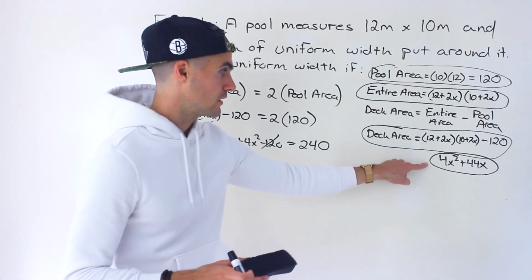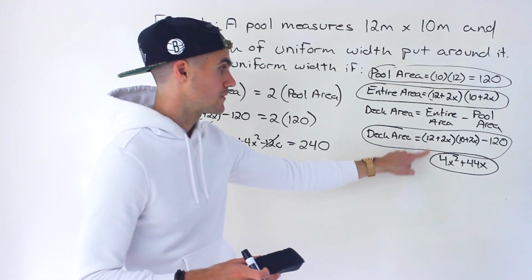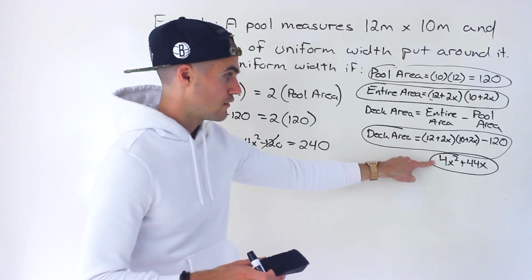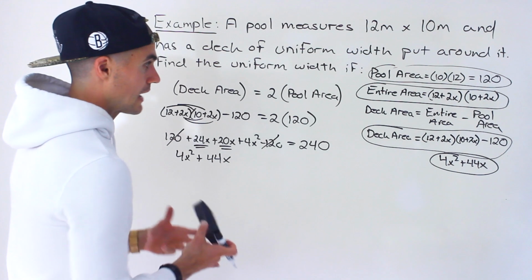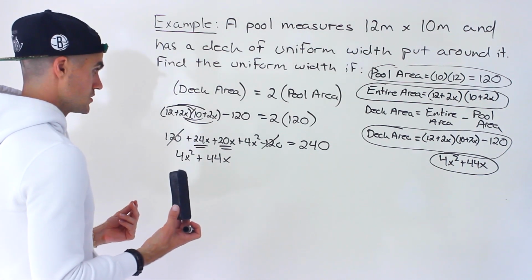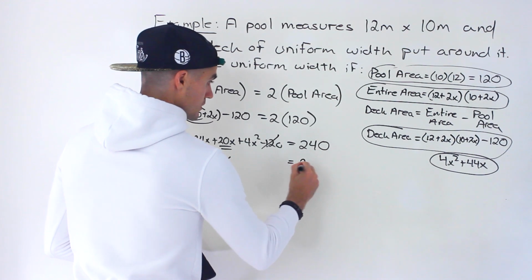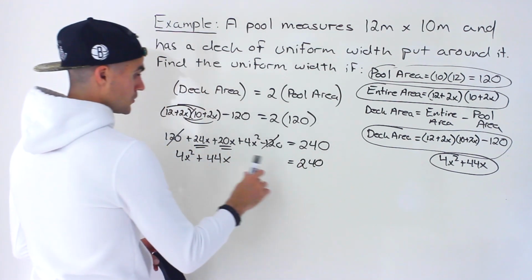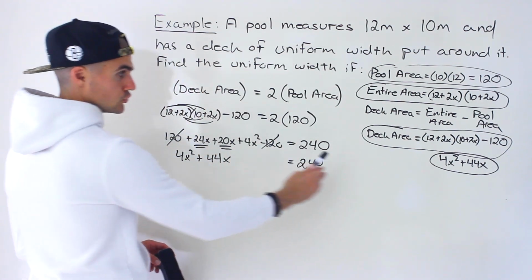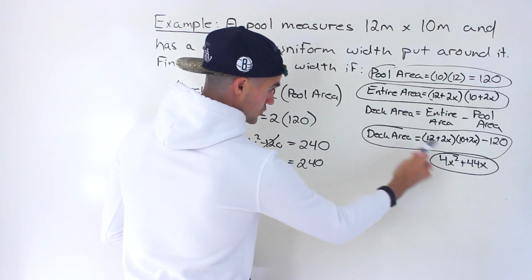Right? So that right there is, if I take this and expand it, that's what the deck area is going to be as an expanded expression. Right? The 120s here canceled out. And then we got still the 240. Right, which has nothing to do with this expression for the deck area.